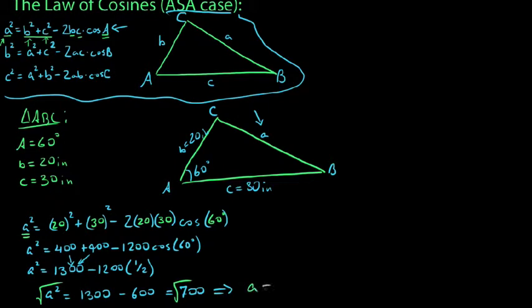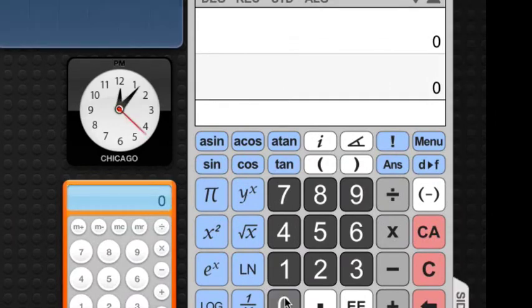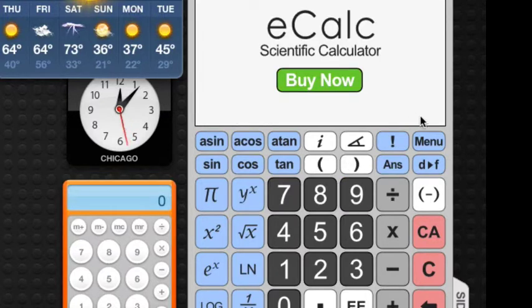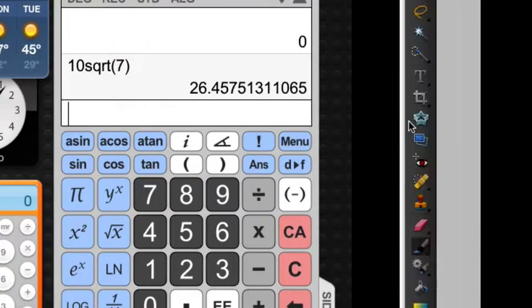Then we get A equals the square root of 7 times 100. The only reason I mention this is because we can get an exact value on this problem, which is 10 radical 7. Now I do want to get a decimal on this one and talk about reasonability of answers. 10 times radical 7 gives us a decimal that is approximately 26.5 units long.